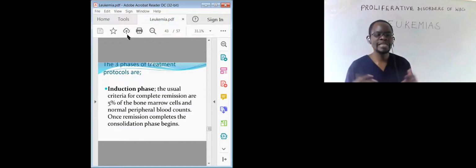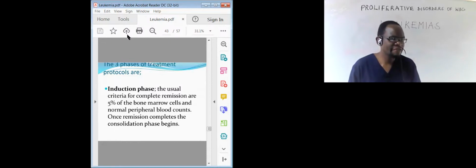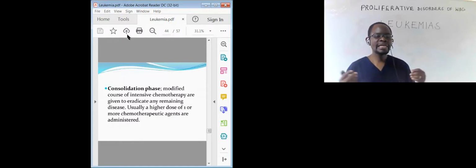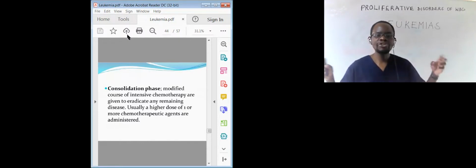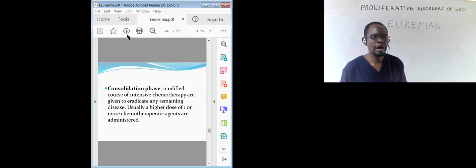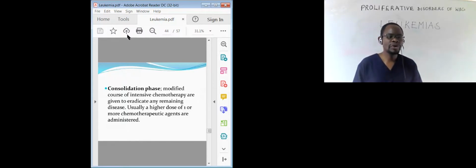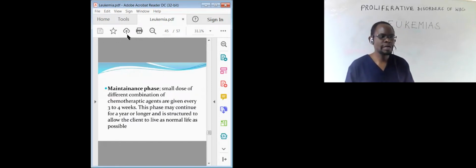In other words, you expect the signs and symptoms to go away. Now, when this has happened, you start the other phase that we refer to as consolidation. Here, it is intensive chemotherapy, given to eradicate any remaining disease. Usually here we give a higher dose of the chemotherapy, and these agents are usually combined to get better results.